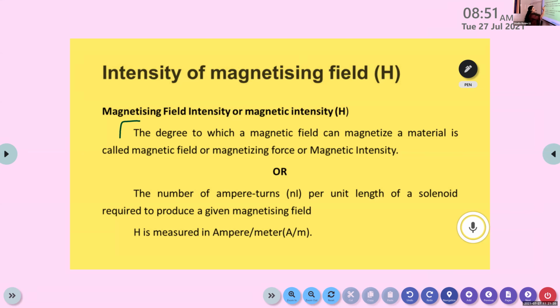This is the definition: the degree to which a magnetic field can magnetize a material is called magnetic field intensity, or magnetizing field intensity.